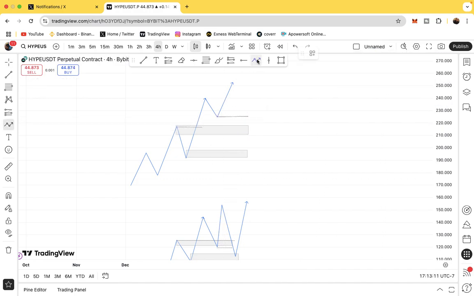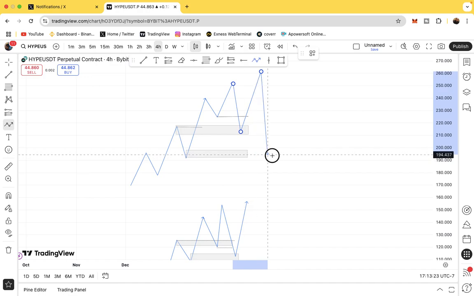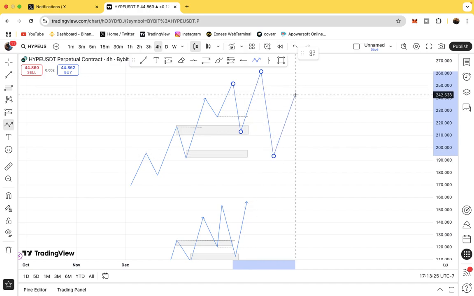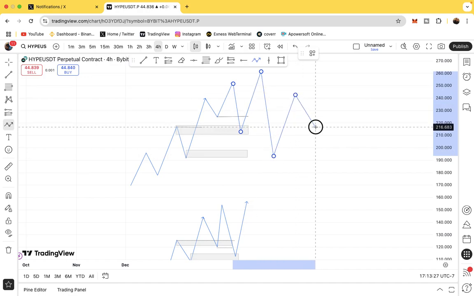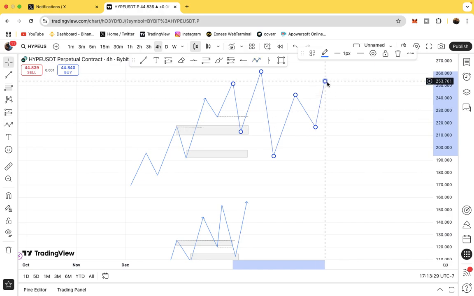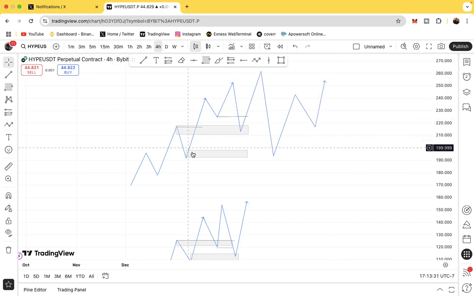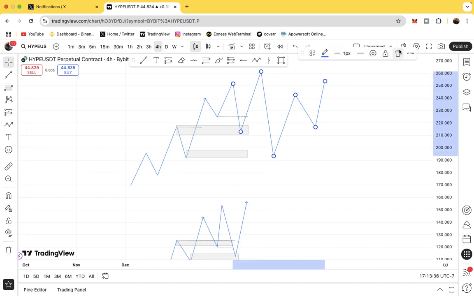Since this zone hasn't been tapped yet, in most cases the price will just do something like this, tap this zone, go back up, and sometimes come back and still react from here and just continue doing this thing. So this is what you want to pay attention to here. You want to pay attention to the level that is not yet mitigated.